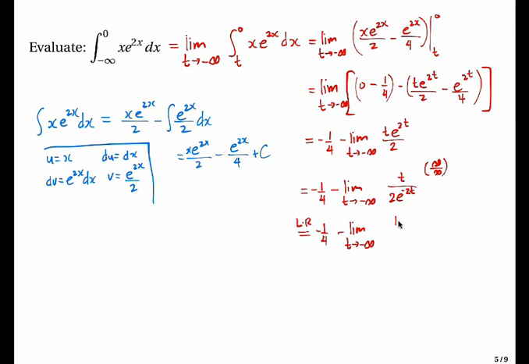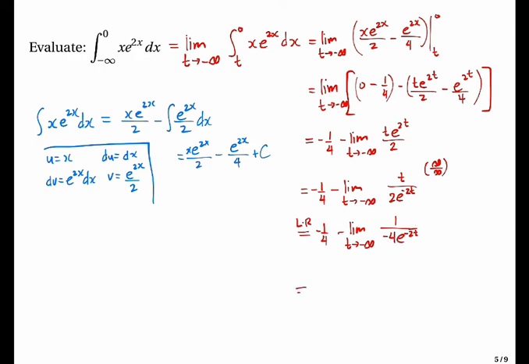So L'Hopital's rule, we get the derivative of t, that's just 1. For the denominator, we also get the derivative. We get minus 4 e to the minus 2t. And notice, as t goes to negative infinity, the denominator goes to plus infinity or minus infinity because of this negative. But whatever, this whole guy here, as t goes to negative infinity, will just go to 0.